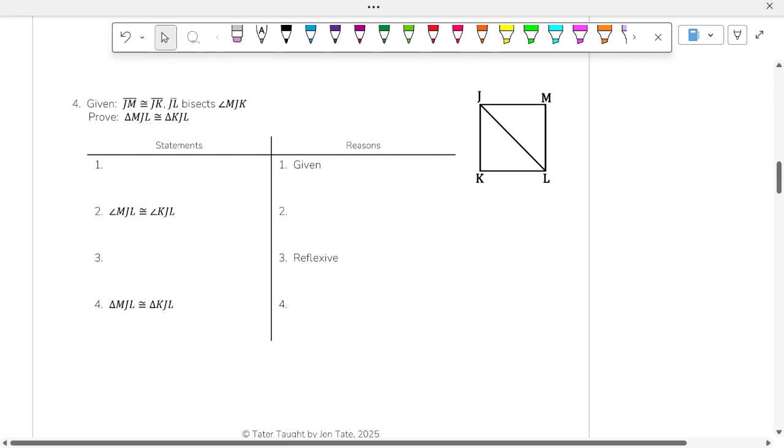Alright guys, compare answers. Talk in your groups, compare the answers. That's what you got. I said that this was a given because it really says it's a given there. And it's reflexive because it runs along the same line and it's the same letters in the same order.